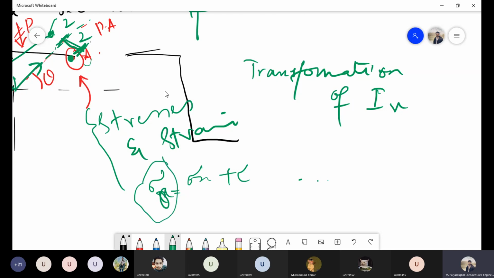The same is the concept with this transformation of moment of inertia. If you know the moment of inertia at any particular point, you can use these kinds of equations to calculate the moment of inertia at any inclined axis.